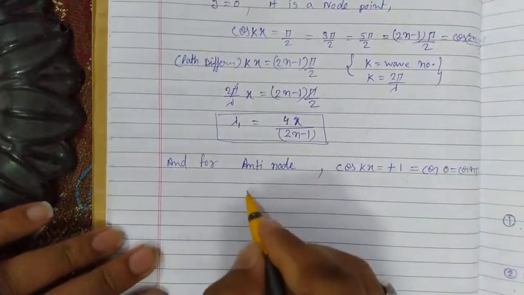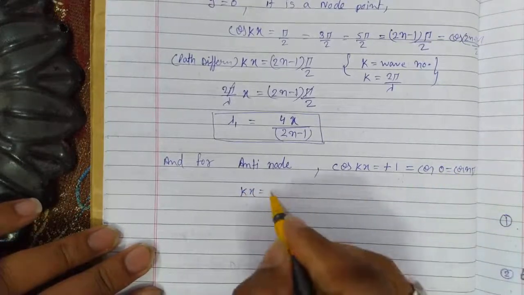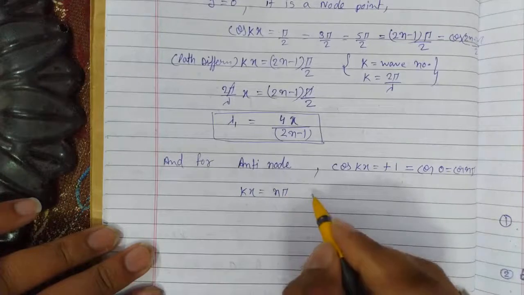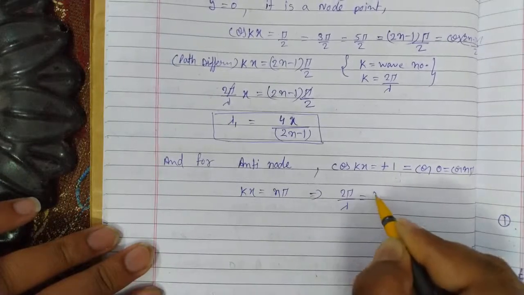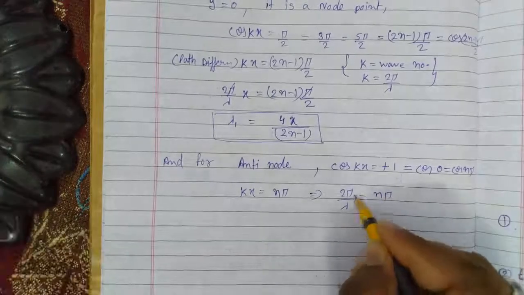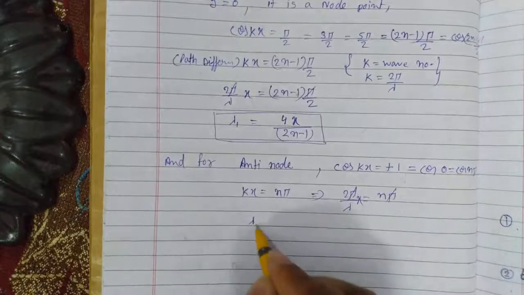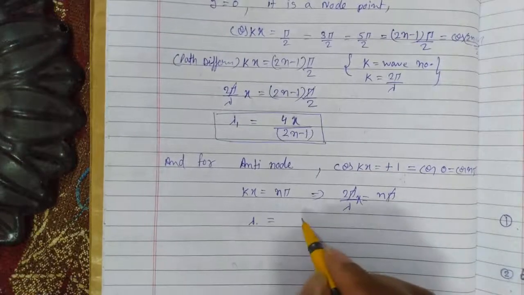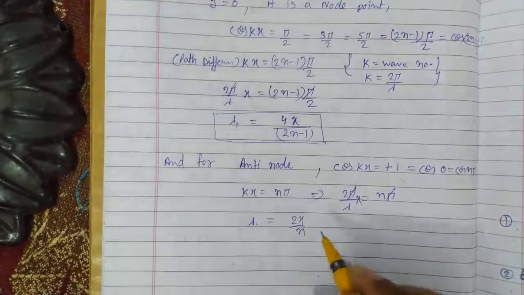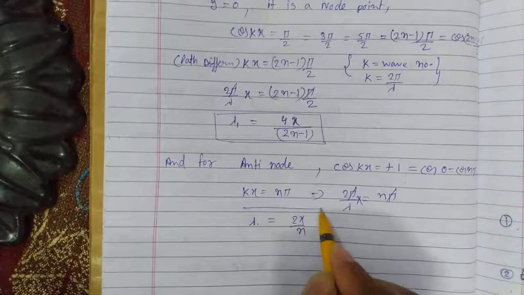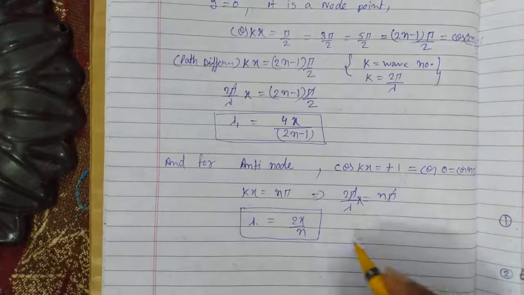We can conclude kx equals n pi. Using k equal to 2 pi upon lambda, we get lambda equal to 2x upon n.